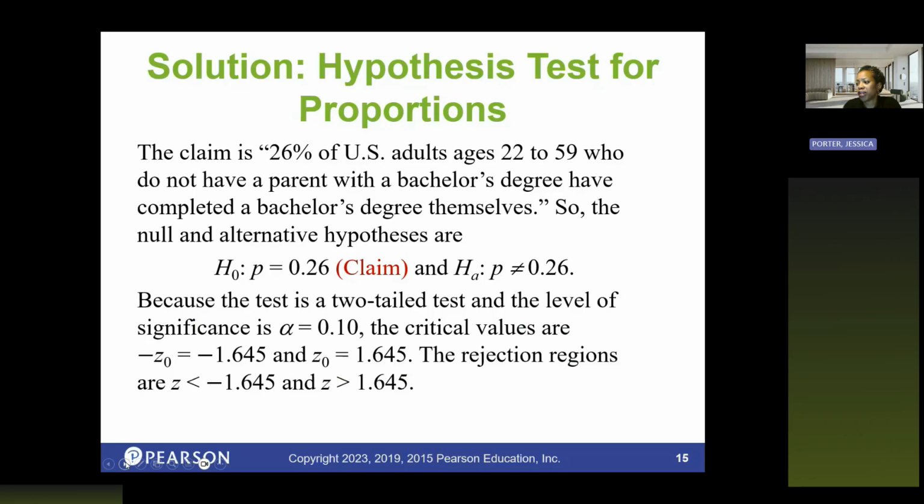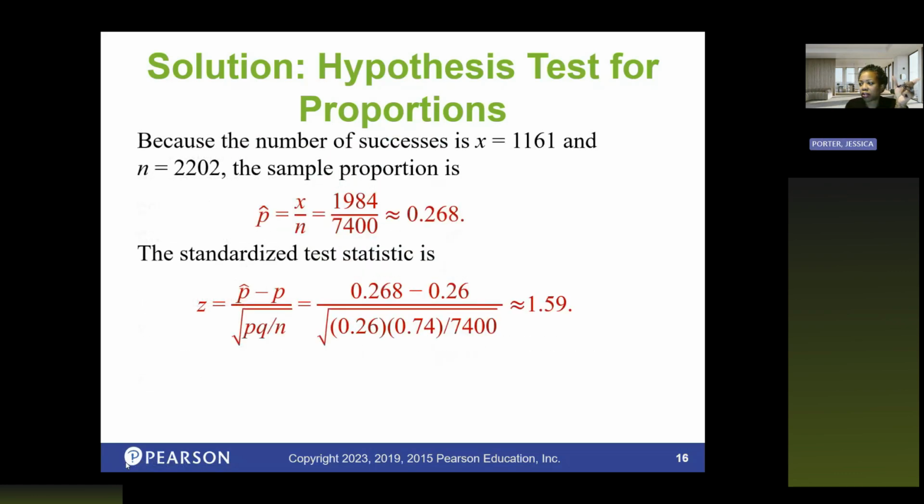This is a two-tailed test. Level of significance is 0.10. We got our critical values as negative 1.645 and 1.645. So our rejection regions are on either side of our drawing. Oh, the drawing's not there.